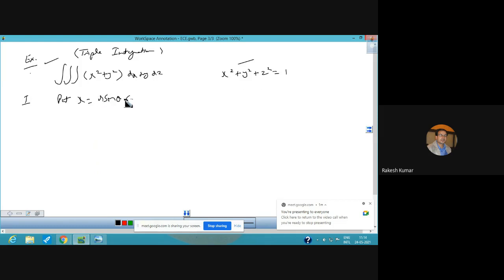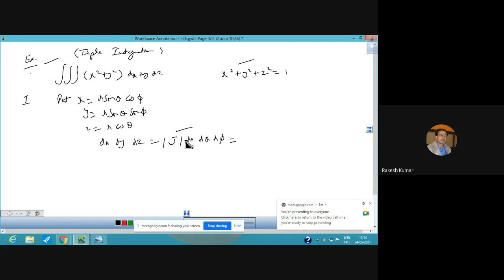Put x is equal to r sine theta cos phi, y is equal to r sine theta sine phi, and z is equal to r cos theta, and your dx dy dz is the modulus of the Jacobian dr d theta d phi.